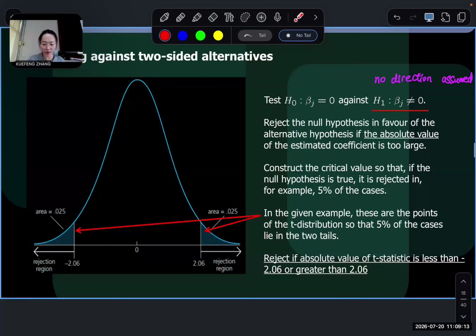So here we use the absolute value. This is our decision rule. Basically, it doesn't matter if t is positive 2.5 or negative 2.5.